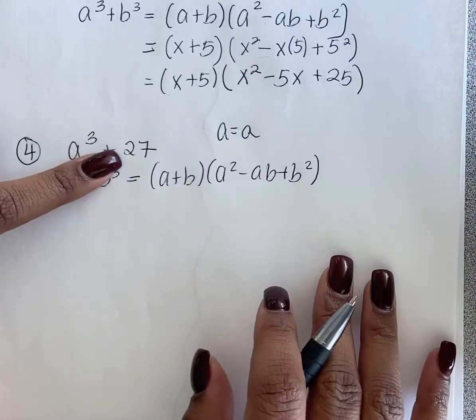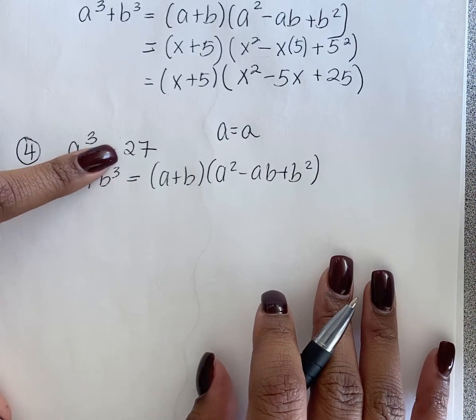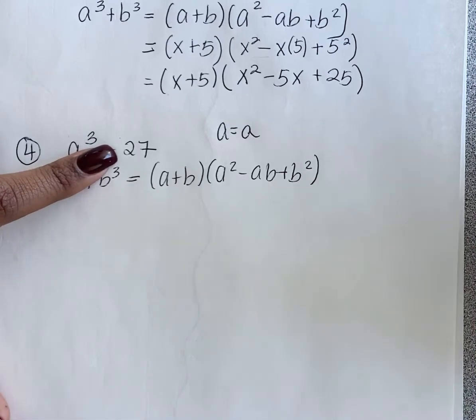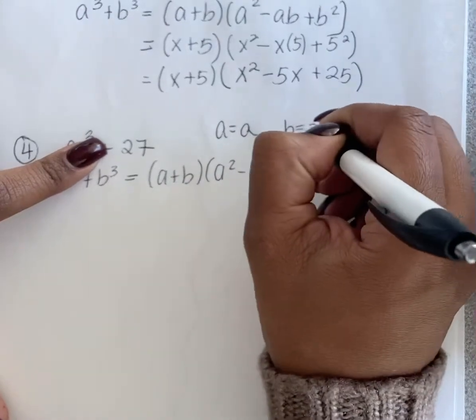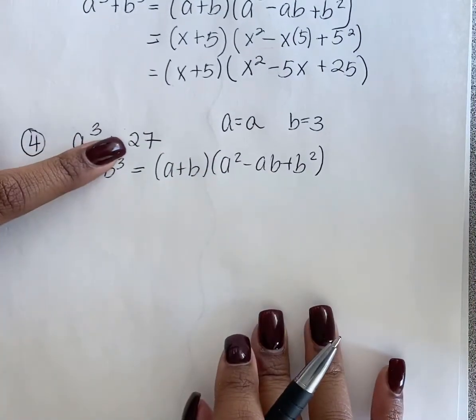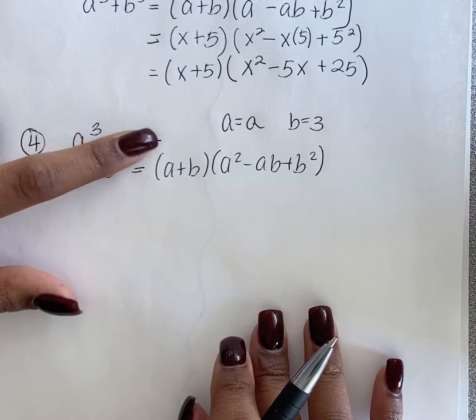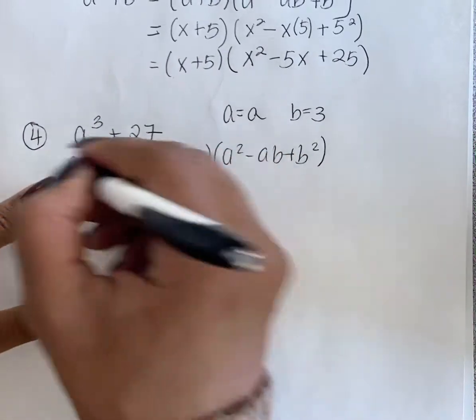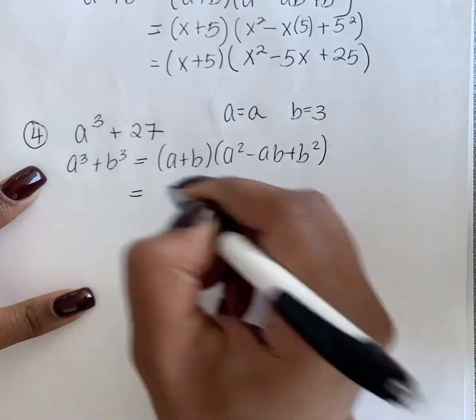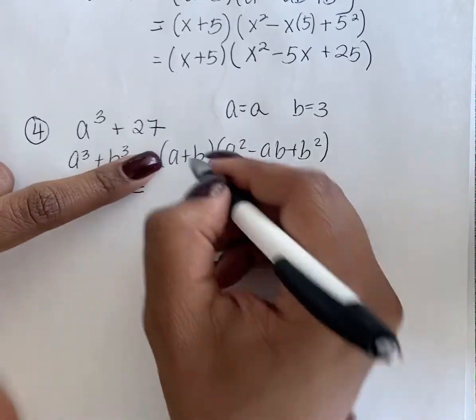And what times itself 3 times gives you 27? You can always reference back to that chart that we made in the other video or create your own. b is going to be 3 because 27 is 3 times 3 times 3. It's 3 to the third. So if I'm writing this out, this is really going to equal a plus b.